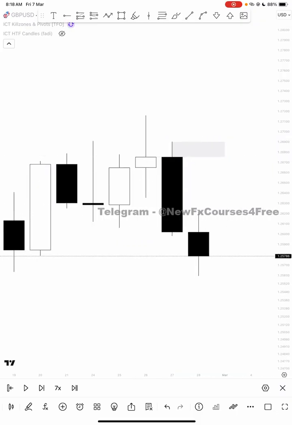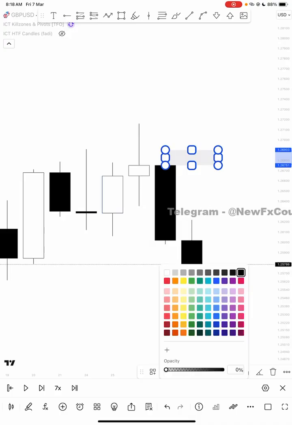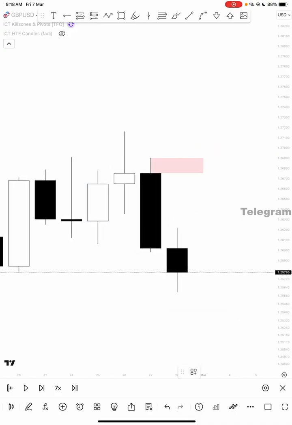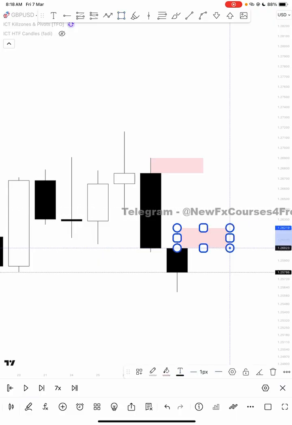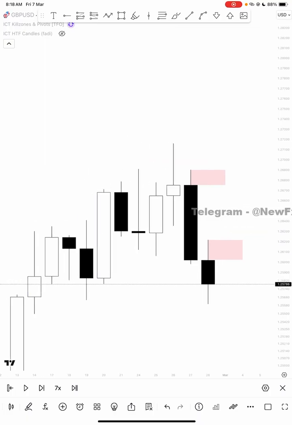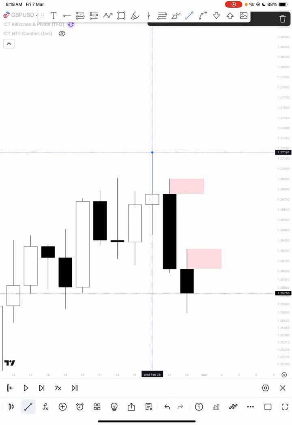So you have to sell above the opening price, so you got your sell zone. And also here you got your sell zone. So let me say you want to determine the daily bias. You can see here it's actually bearish.